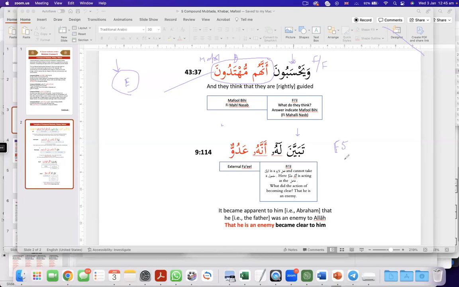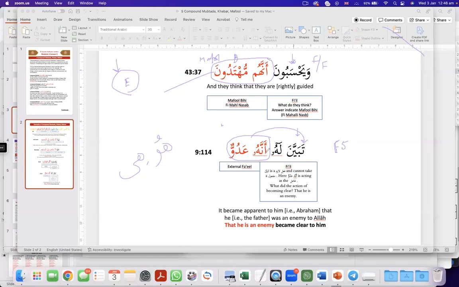If the built-in fa'il is huwa or hiya, then an external fa'il might come, very likely to come. Do you remember that? So imagine this is that external fa'il taking over from the built-in one.